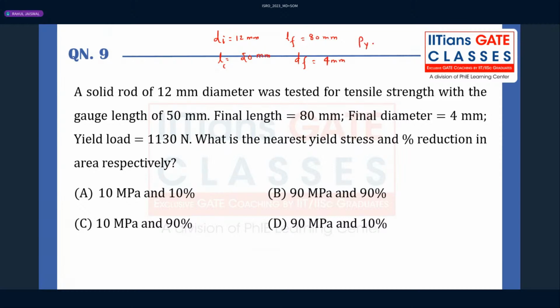The load at the yield point is given as 1130 Newton. What is the nearest yield stress and the percentage reduction in area? One of the good problems. They test whether you know the stress-strain curve correctly or not.